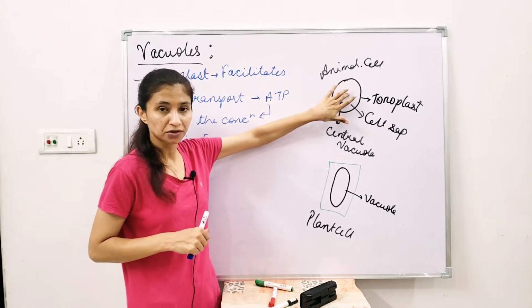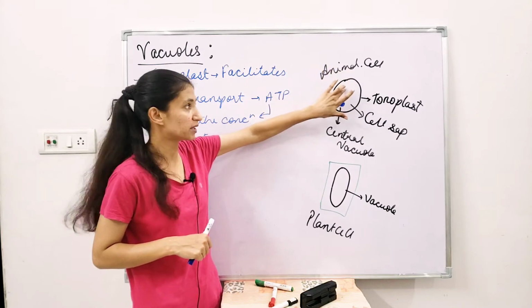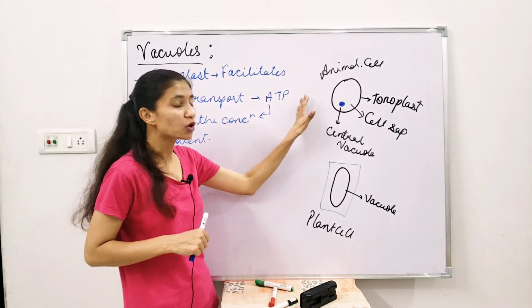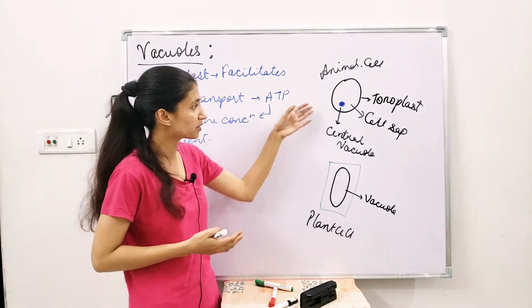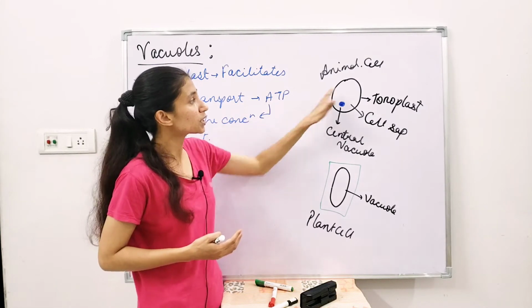The plant has more water, more cell sap and more excretory materials, but some extra water or excretory material is still outside in the cytoplasm, so it has to go inside.